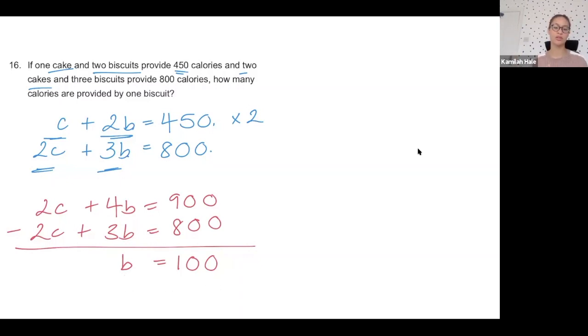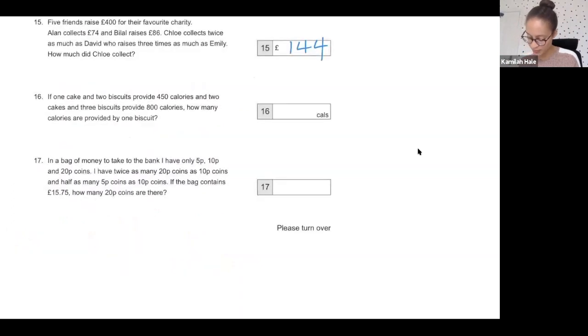And there you go, there's our answer. So we had to get the equations to the point where either the number of cakes or the number of biscuits was the same, and then we could subtract, and then we just got the calories in 1 biscuit. Okay. So our answer to that was 100.